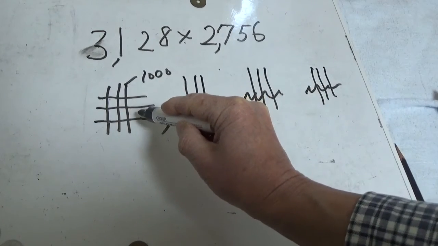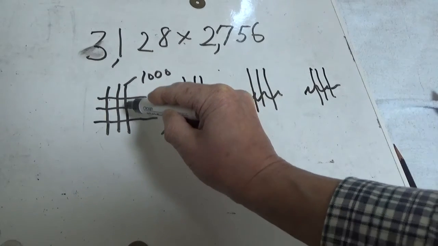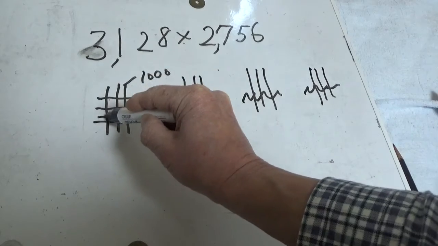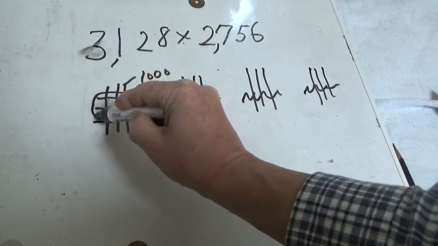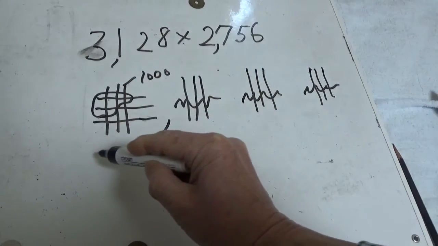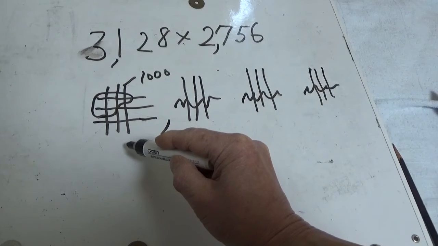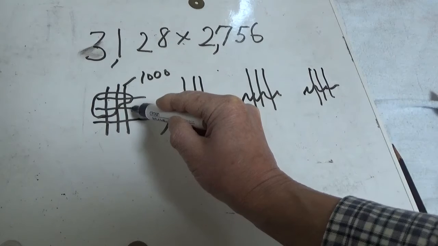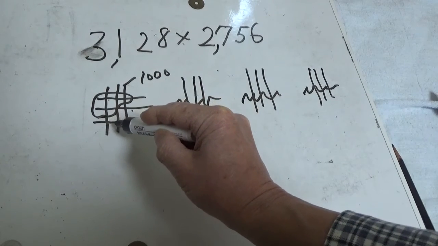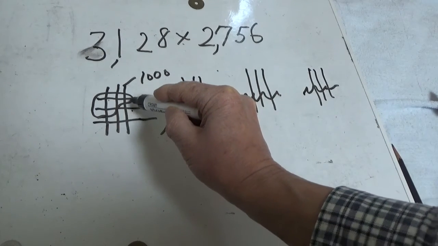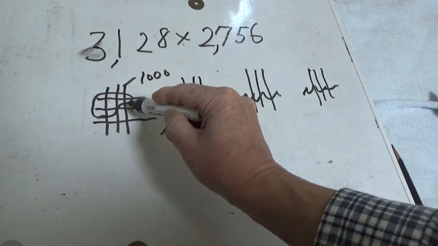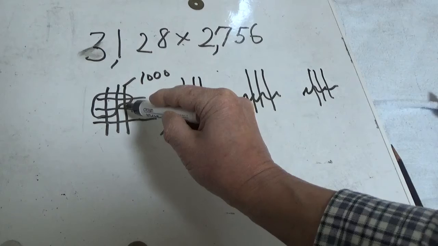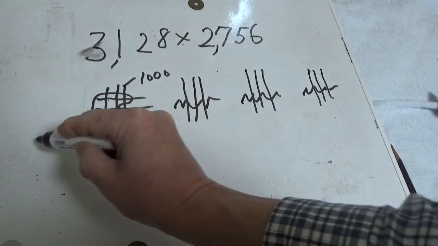So it is 1, 2, 3, 4, 5. 1, 2, 3, 4. 5, 6, 7, 8, 9.